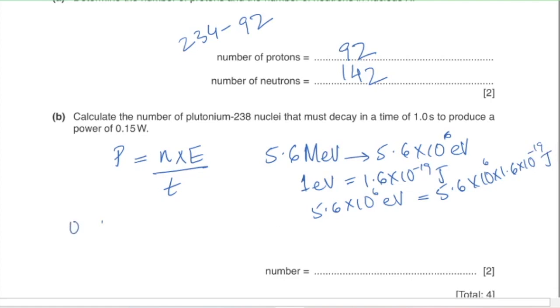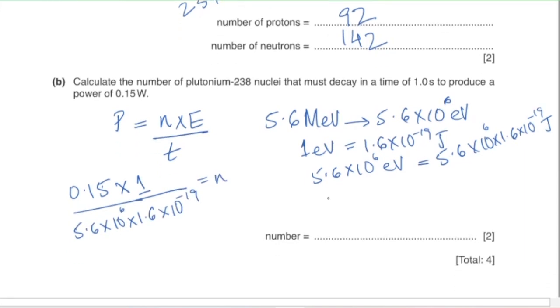Now that we have the power 0.15, and time is 1 second, we divide by the energy in joules. These are the number of plutonium-238 nuclei, and this will give us 1.67 into 10 to the power of 11 plutonium-238 nuclei.